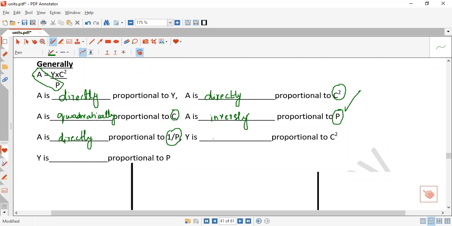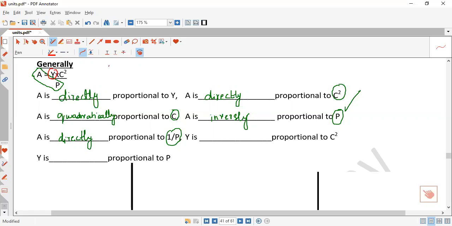Right. Y is how proportional to c square? Yes, Abdullah Jafri. Y is how proportional to c square? Abdullah? Well, make Y the subject of the formula then.